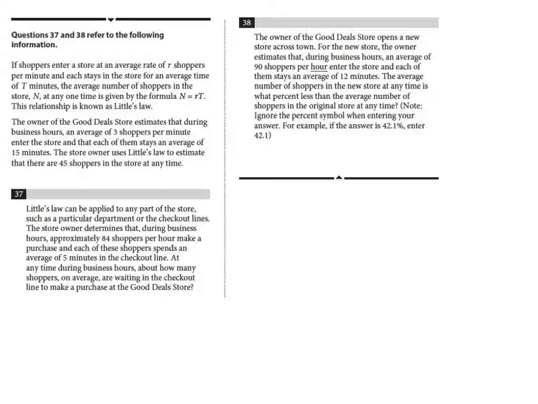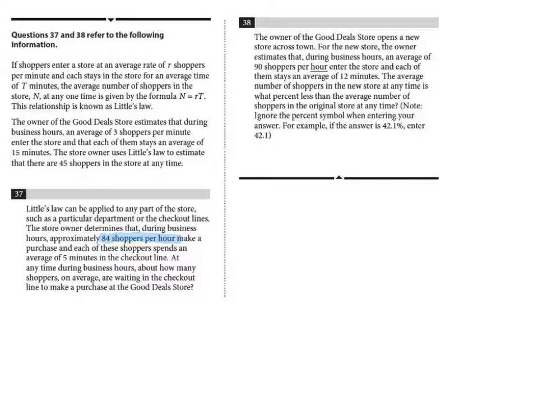Okay, so we know that there are 84 shoppers per hour making a purchase. That means that 84 shoppers are going to be coming to the checkout line per hour, right? So that means that we need our formula above.